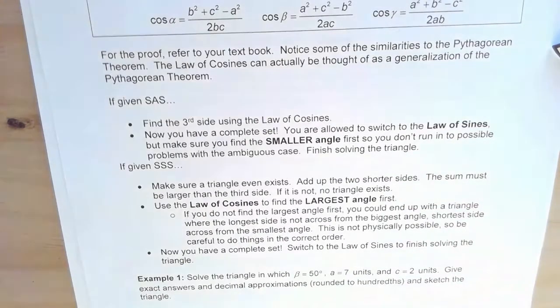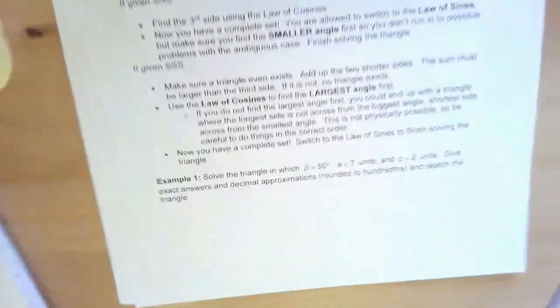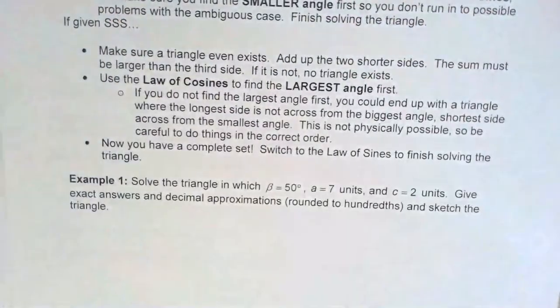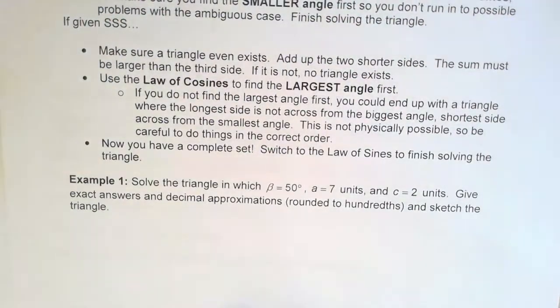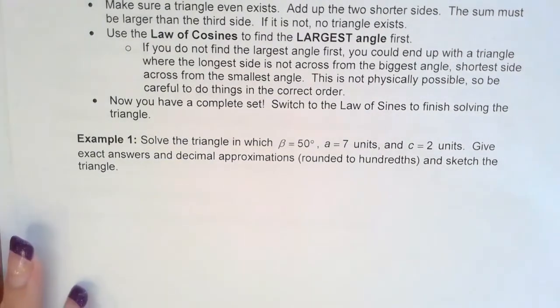Alright, so let's go through some practice. Make sure you're labeling what you have. So, solve the triangle where we have beta is 50, a is 7, c is 2. Give the exact answers and the decimal approximations, and then sketch the triangle.